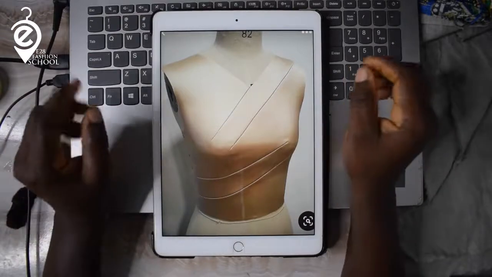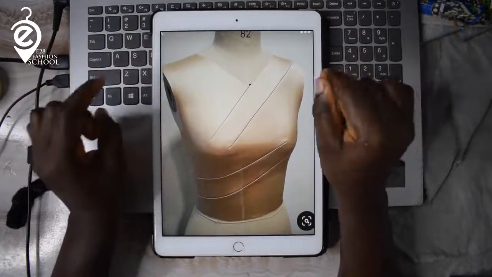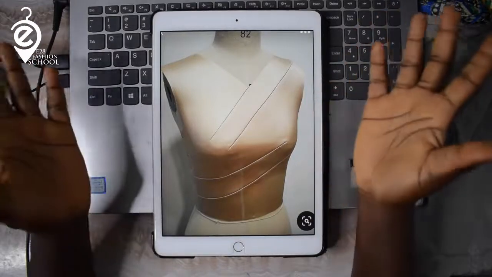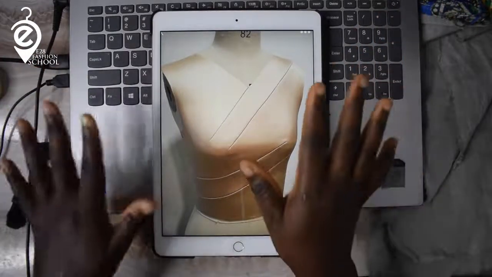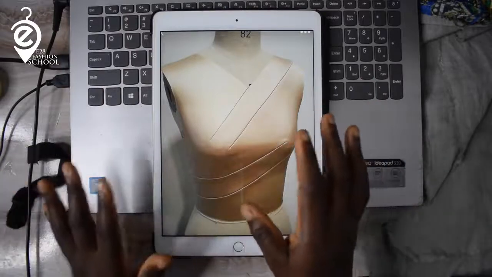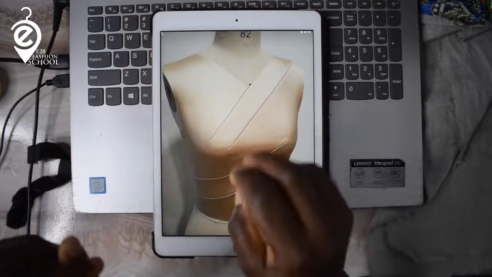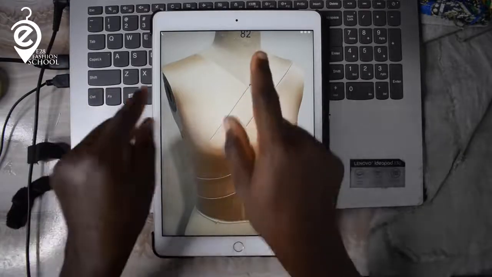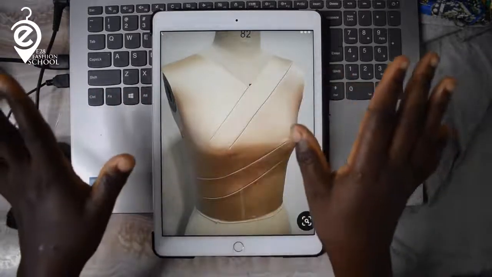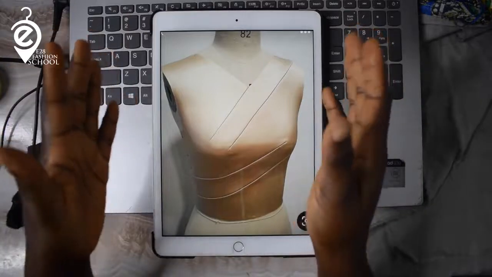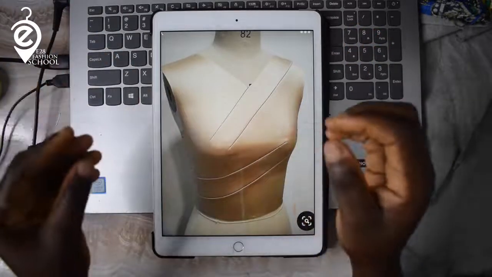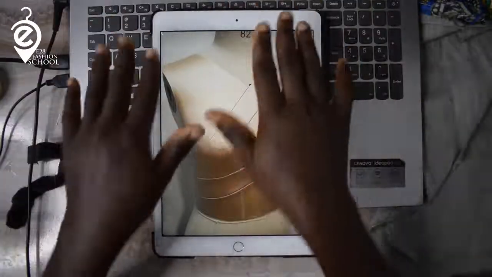All right, okay guys, so today I'll be showing you how to make a parallel dart. I know you'll be wondering, what is a parallel dart? Parallel darts are darts whereby you have two darts, and the two darts are not both pointing to the nipple points. If you are familiar with dart manipulation, you'll notice that any dart you are trying to manipulate is always pointing towards the nipple point.